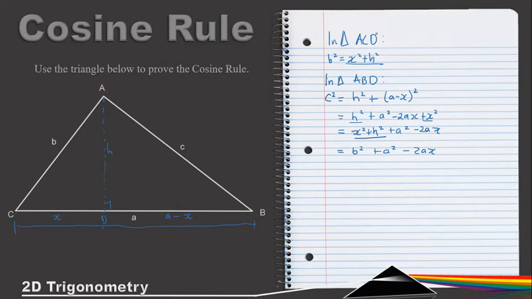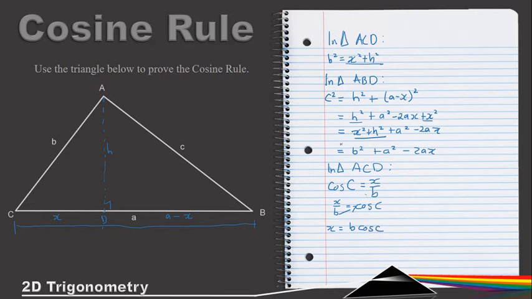So once again, in triangle ACD, we have cos of C. So cos of C is equal to adjacent over hypotenuse, so that gives us x over b. And then to solve for x, I'm just going to take the b up. So let me just rewrite it like this, x over b equals cos C. So taking b up, x is equal to b cos C.